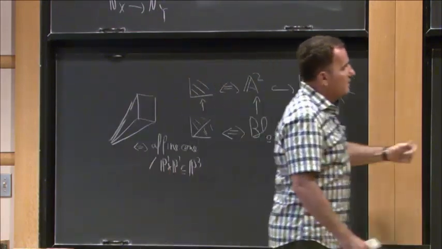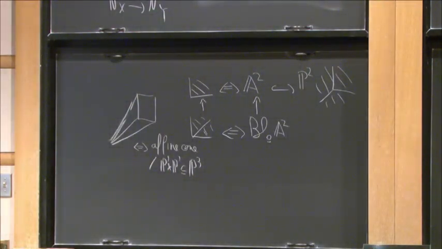So now I want to give a key example that explains what I'm aiming for. I want to take the blow-up of the affine plane. In some sense, everything is already there.